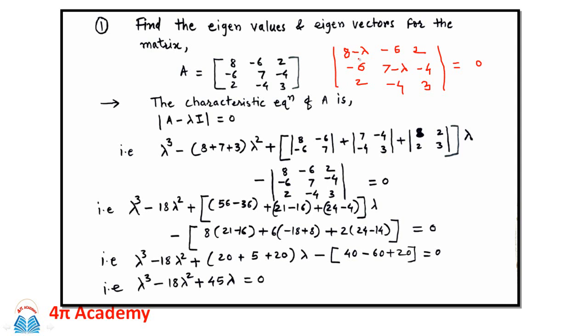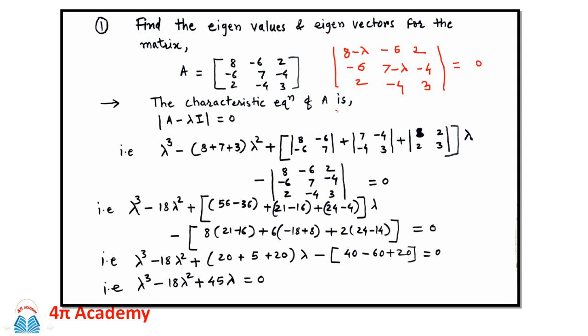In order to solve this, it will be 8 minus lambda into 7 minus lambda into 3 minus minus 4 into minus 4, then minus 6 into this, and so on. You know the process of how to find the determinant of these matrices. But many times when this is a 3 by 3 matrix, the equation becomes lengthy, and sometimes you may get confused between the signs of the terms.